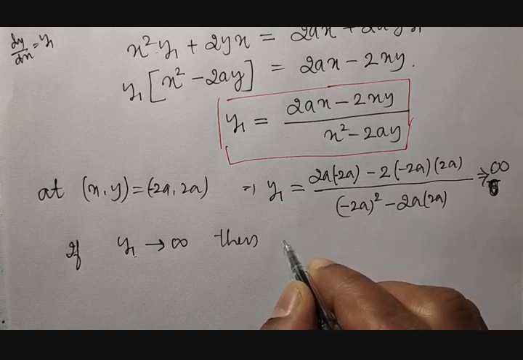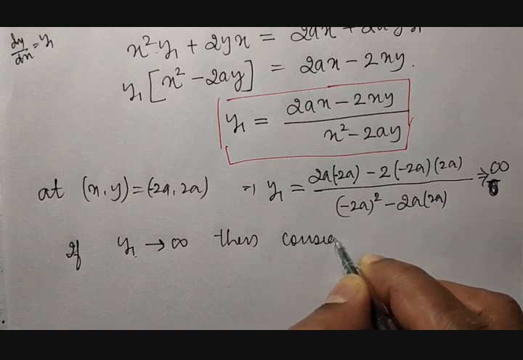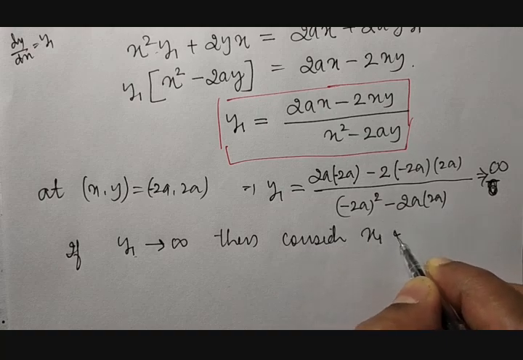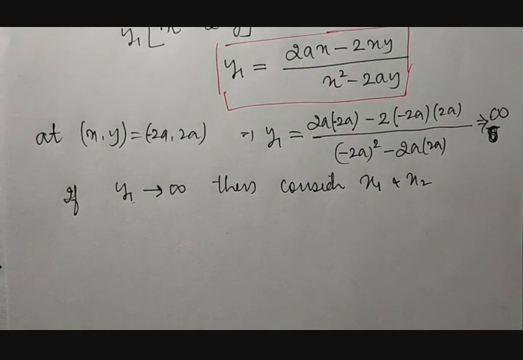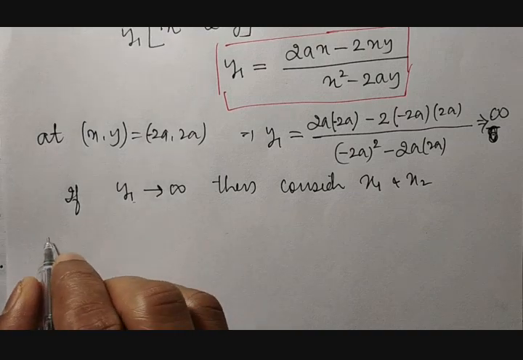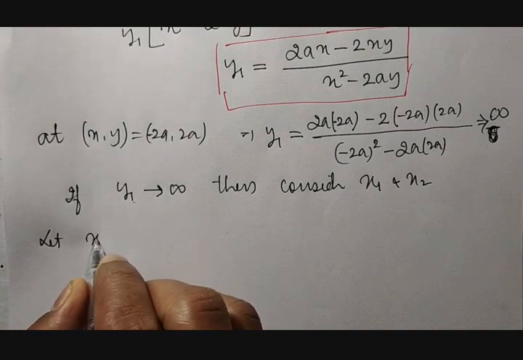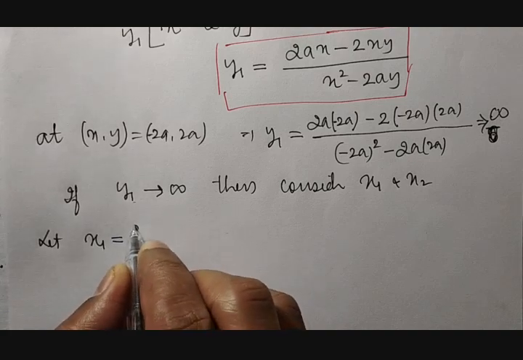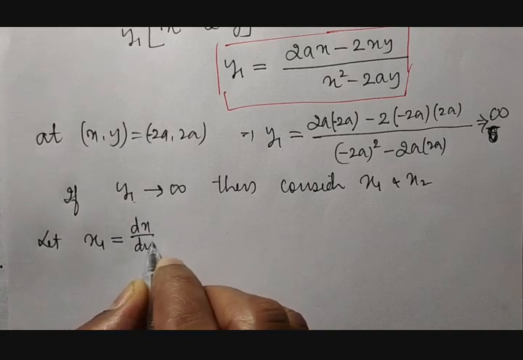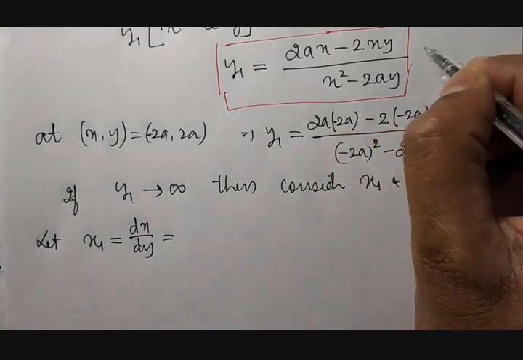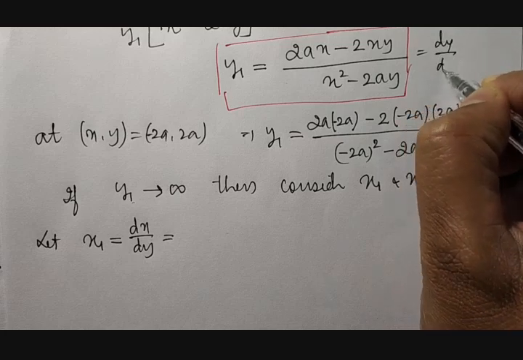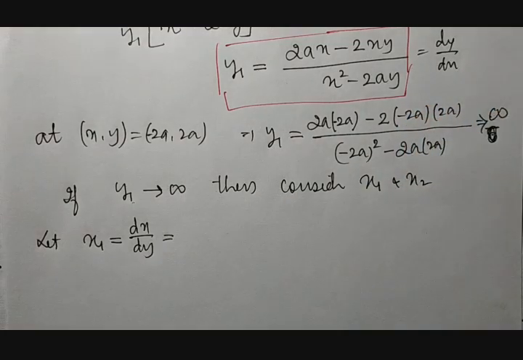Let us consider x1 and x2. Change the scenario now. Instead of y1, y2, let us take x1, x2. So let x1 be dx by dy. Already we have y1, which is dy by dx, so now we take its reciprocal, dx by dy.